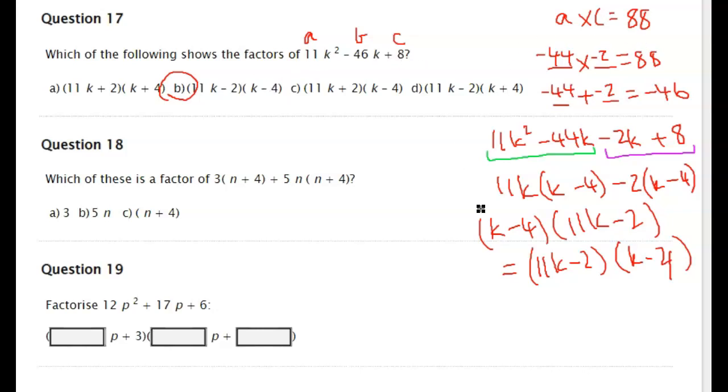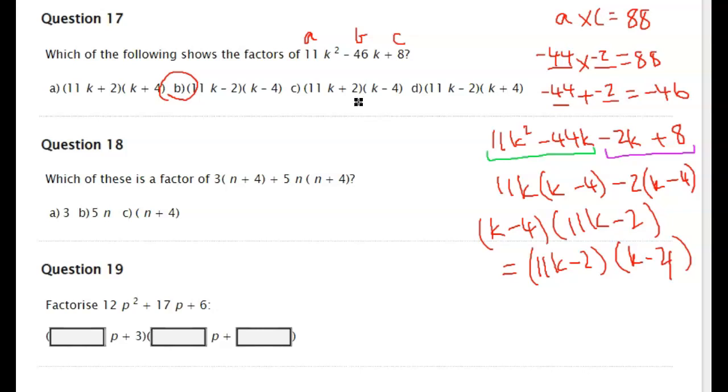So let's say all this was very difficult for you, and you came across a question like this. There's nothing stopping you from working backwards and actually expanding your answers to get the factorized form. It might take you a while, especially if your answer was D, but it's one way of doing it. Or you can say, well, I know that the last two numbers in the brackets have to add to positive 8, so you can do a process of elimination.